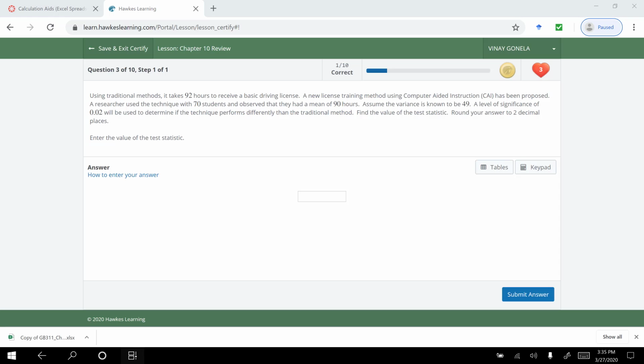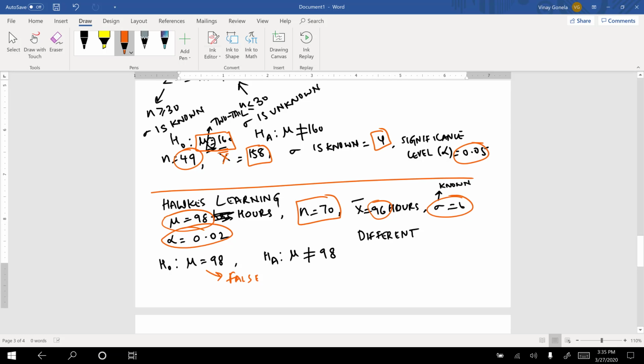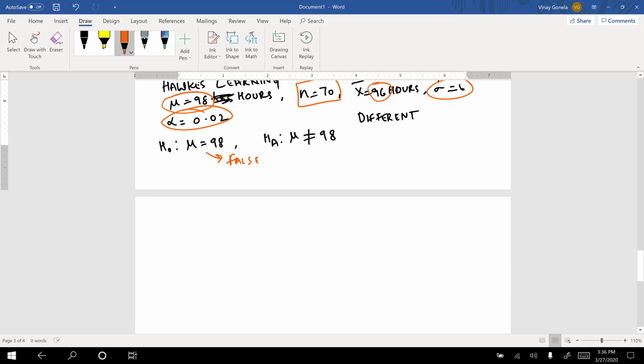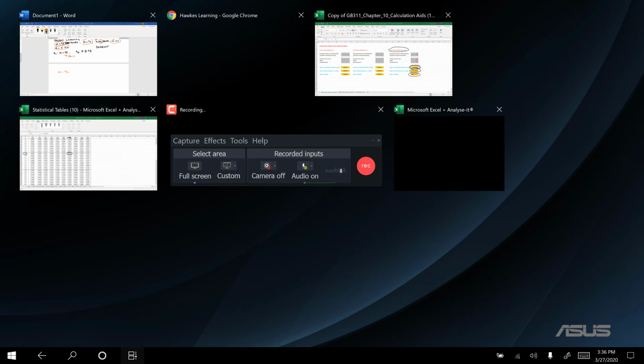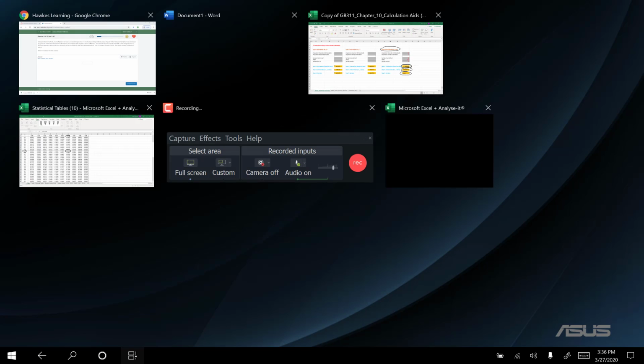your mean mu is 92. That's what the question is saying. And then we have a researcher who used a technique with 70 students, so your sample size n would be 70.